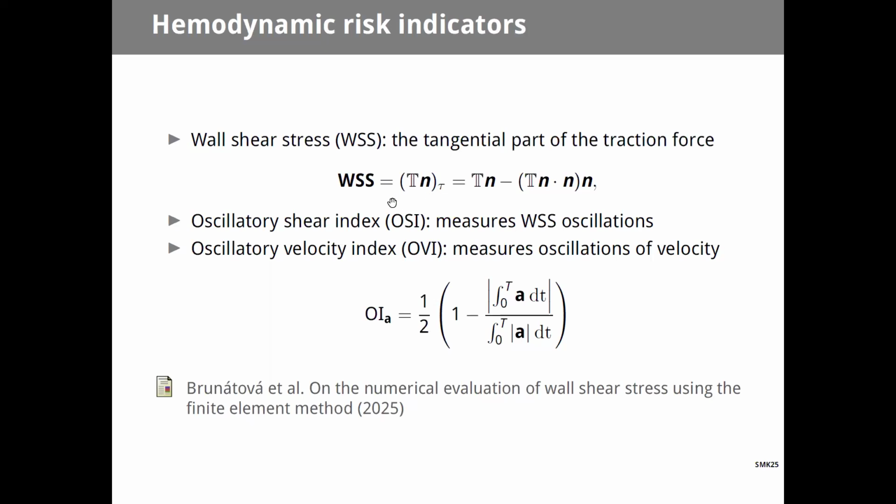Here, just one note. There are different ways to compute this wall shear stress, the force on the boundary. You have your velocity field, so you can compute your stress tensor, which is the derivative of the velocity field, and then compute the tangential projection.